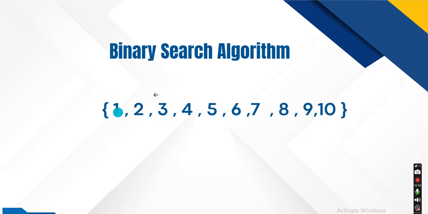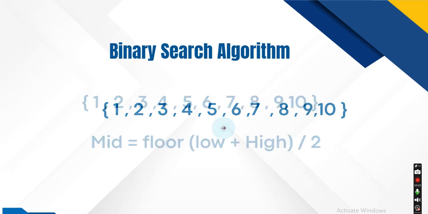So here I have 1 to 10 arranged in ascending order, and this is my element 7. I can divide this array into two halves, then we know that 7 is on the right side. So I'm going to look through the right rather than looking at elements on the left. That is how the binary search algorithm works.